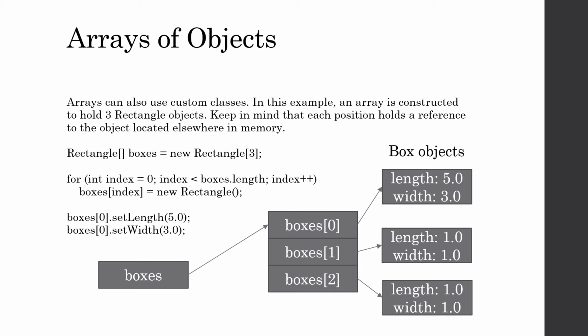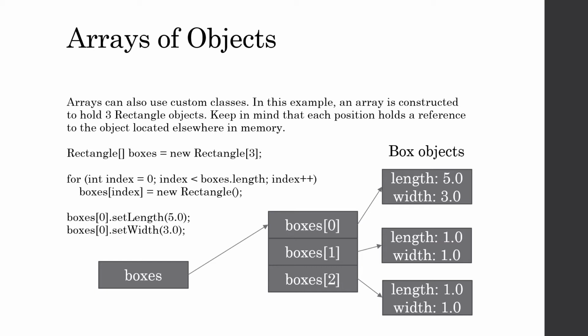And for each one of those items at position 0, 1, and 2, what is actually held at that exact location is a reference to the actual box objects that are somewhere else in memory. So we see more of these arrows pointing off to other locations where you would find the box objects, and in this particular case we're assuming that we give each one of these box objects some values of some kind.